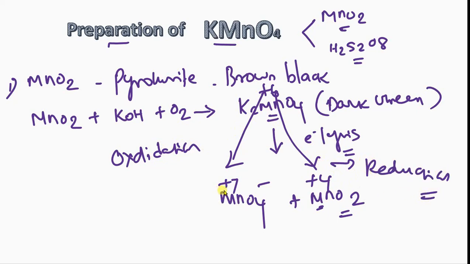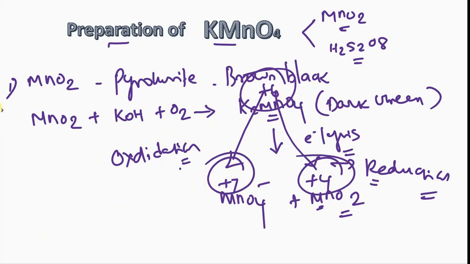So oxidation and reduction take place in the same reaction, and one element exists in three different oxidation states, plus 6, plus 7 and plus 4. So this reaction is called a disproportionation reaction.